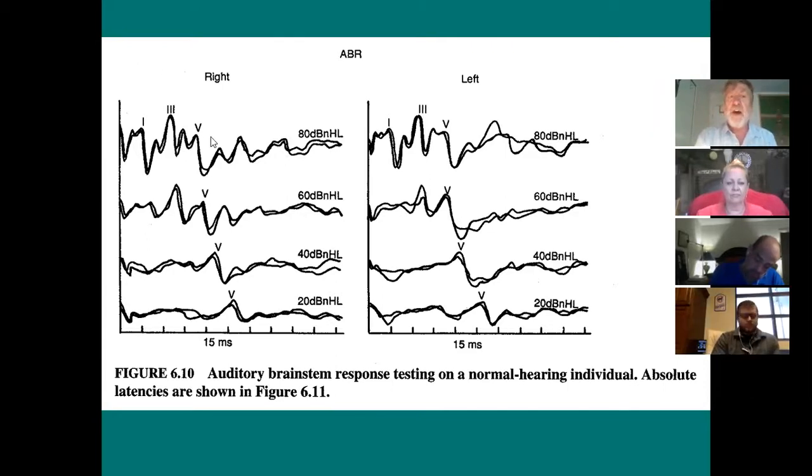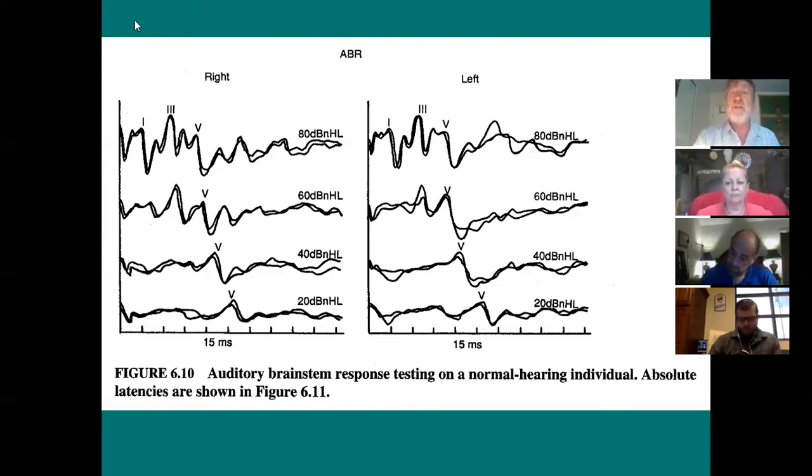Peaks 4 and 5 come from the inferior colliculus, the top of the brainstem, or the top of the auditory areas there. So you've got these various nuclei or pit stops: cochlear nucleus, superior olivary complex, lateral lemniscus, remember that? Inferior colliculus. Well, peaks 4 and 5 kind of come from the lateral lemniscus and the inferior colliculus.